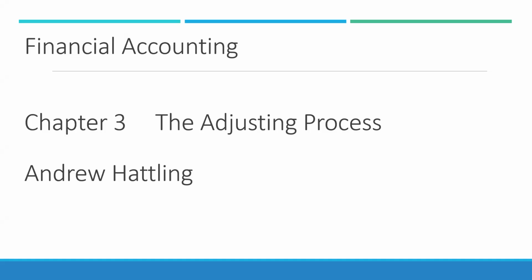What's going up? What's going down? What accounts are being affected? And we're learning how to record that in the form of a journal entry. And then we also talked about posting them to the general ledger. We had some problems doing that, some homework problems. And then we ended last week by creating a trial balance where our debits need to equal our credits.